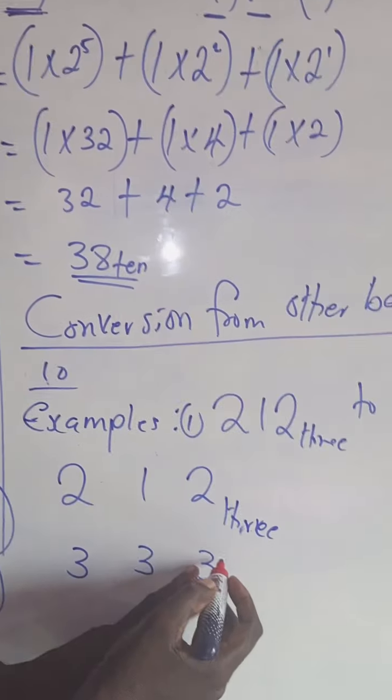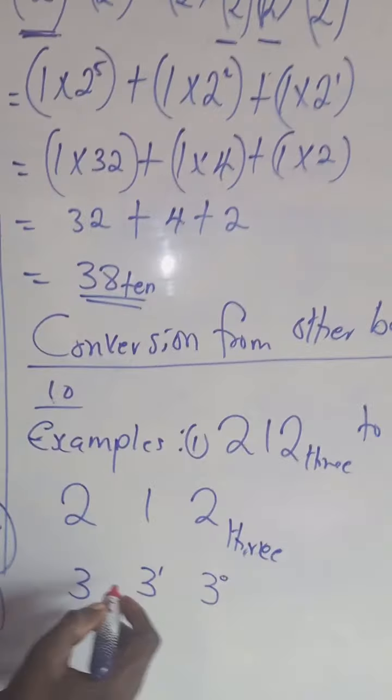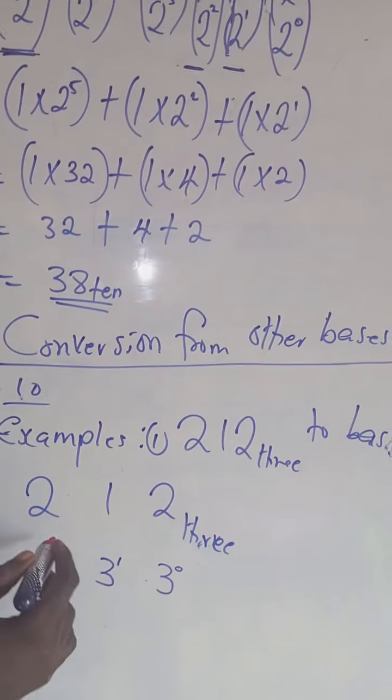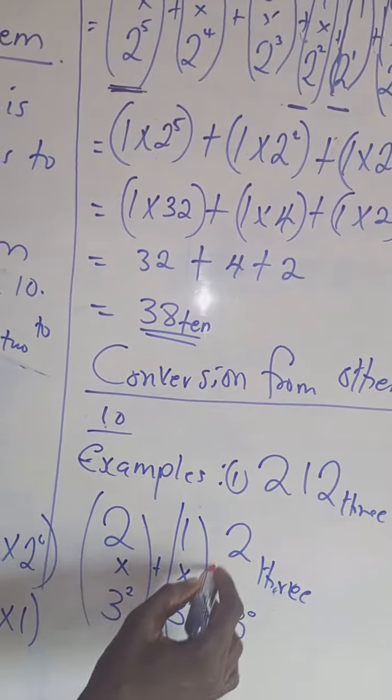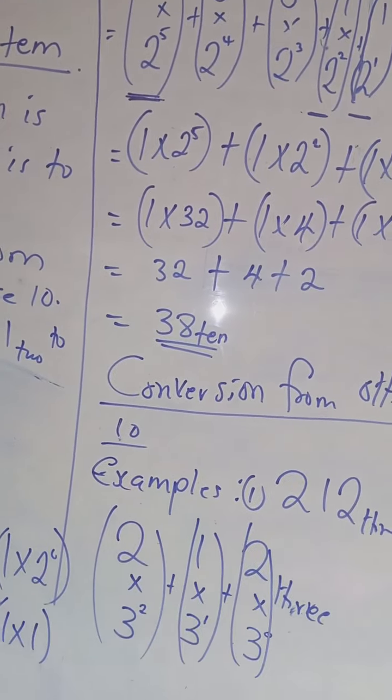So the first one is what? To the power of 0, power of 1, power of 2. So I'll multiply, add, multiply, add, multiply.